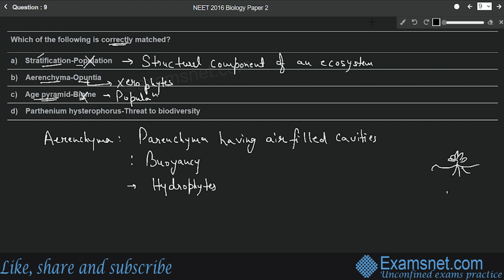Now in the last one, Parthenium hysterophorus is matched with threat to biodiversity. Now this is a correct match. Parthenium hysterophorus, it is also known as, let's write it down here, the carrot grass or the congress grass.